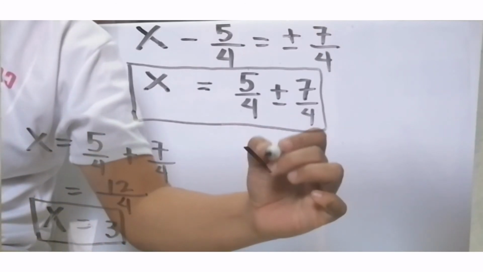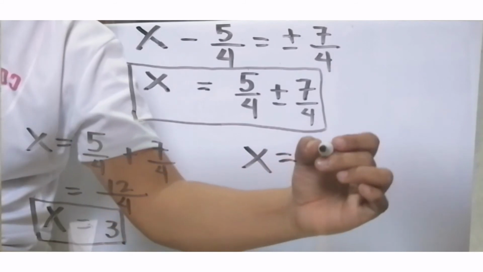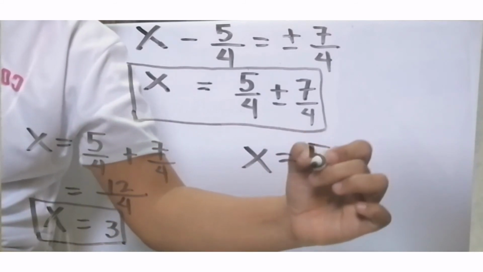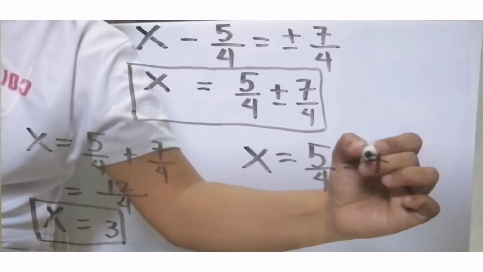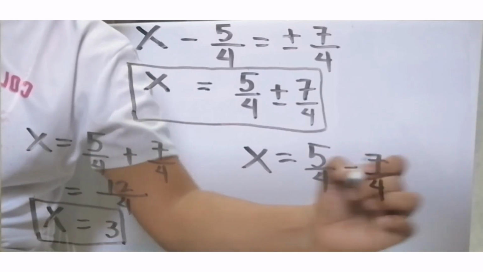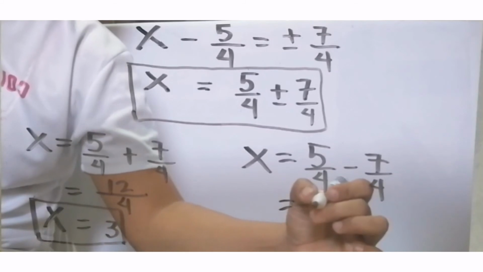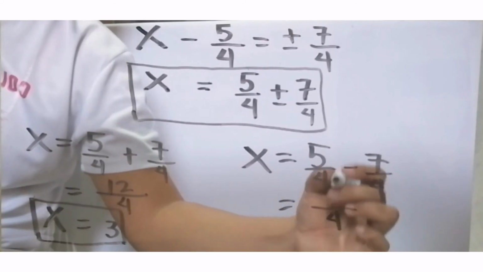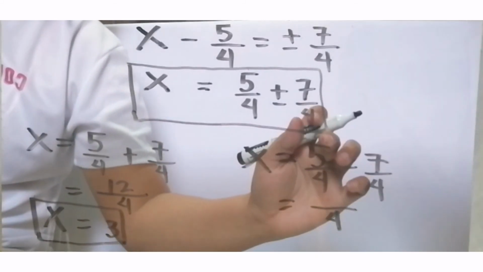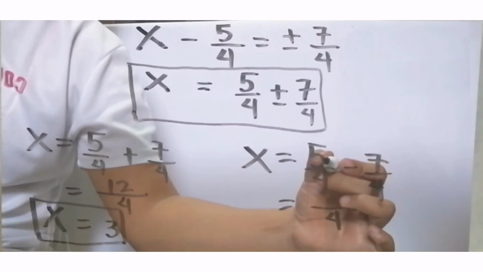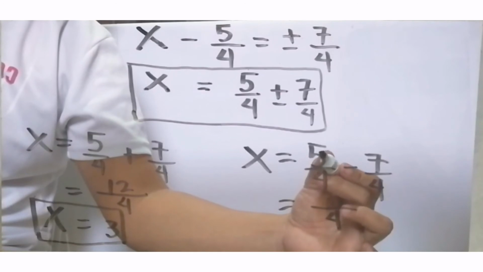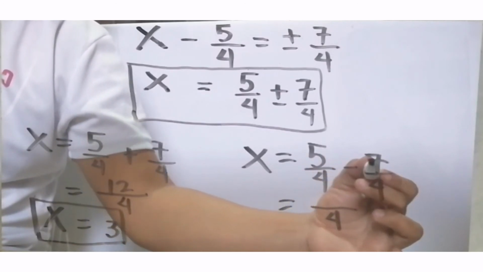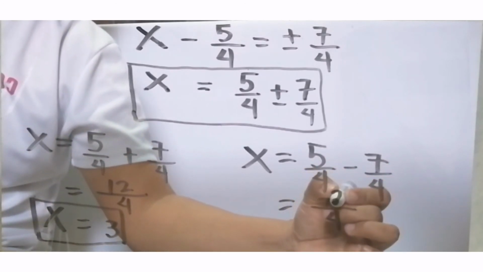Next, x equals 5 over 4 minus 7 over 4. So, dito, LCD pa rin natin ay 4. So, by using the addition of integers or applying it, positive 5 plus negative 7 will give us negative 2.